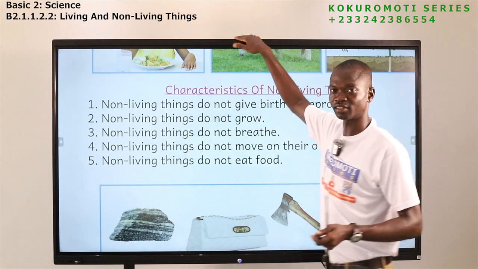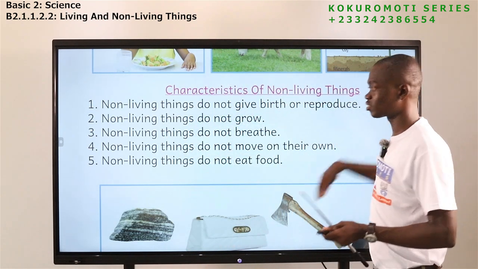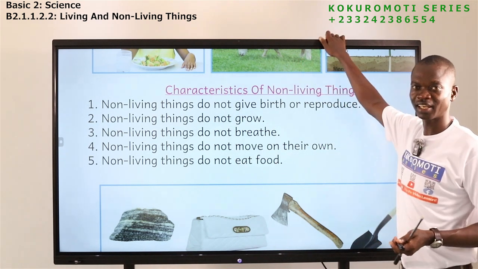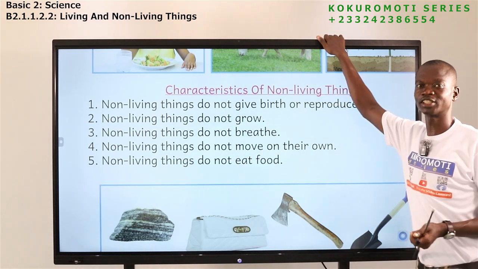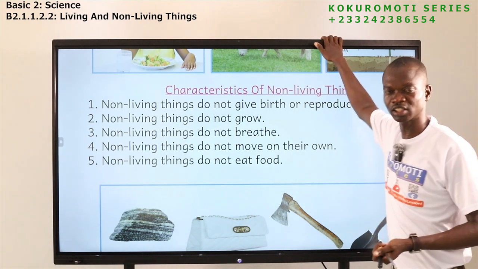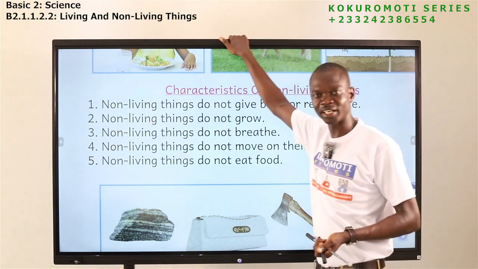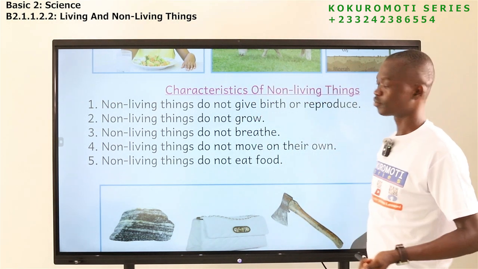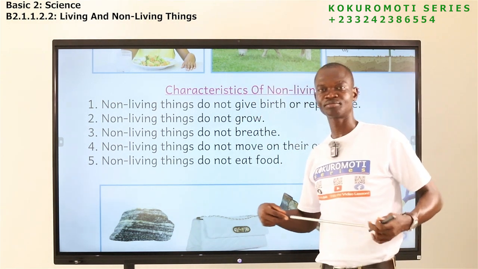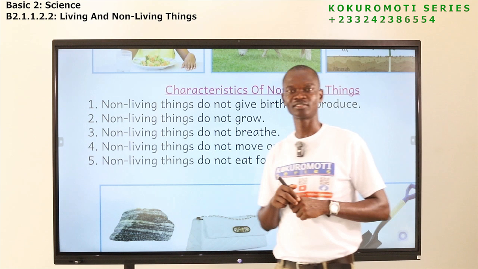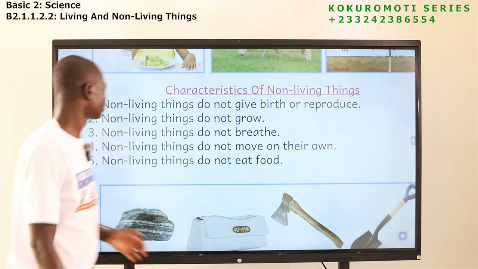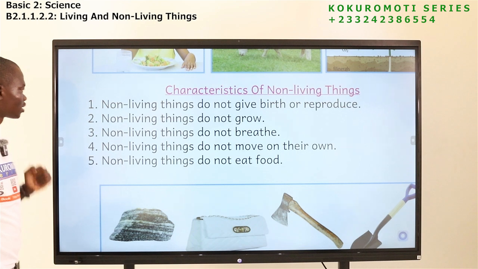This TV screen cannot give birth. Your table cannot give birth. Your school bag, your pen, your book cannot give birth. They are all examples of non-living things. But you can give birth. Your dog can give birth. The plant that you have around can reproduce. Okay, so that is one difference.